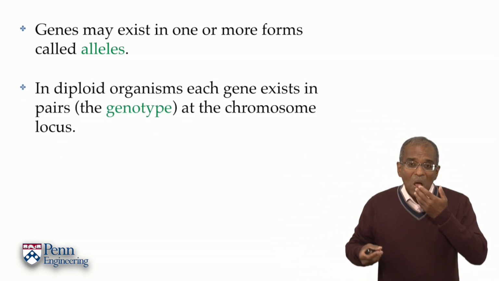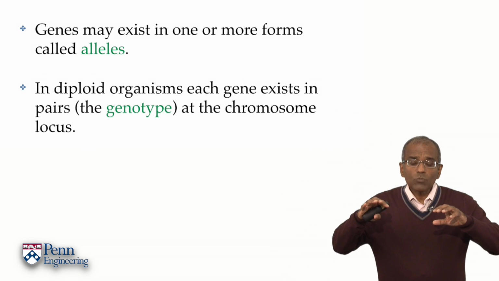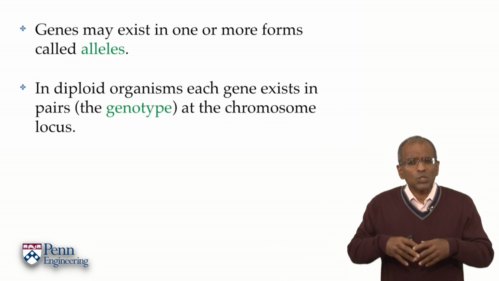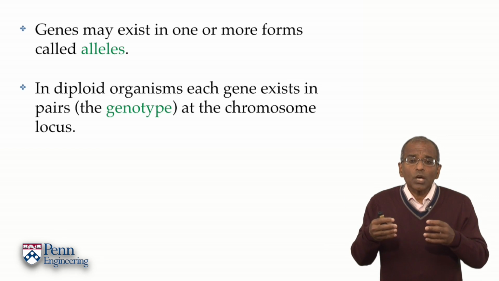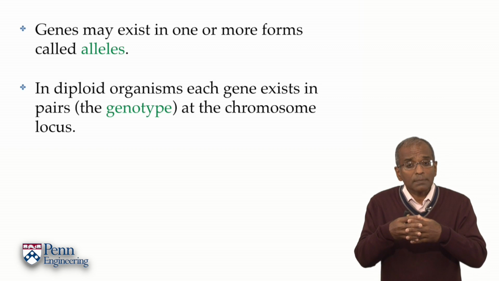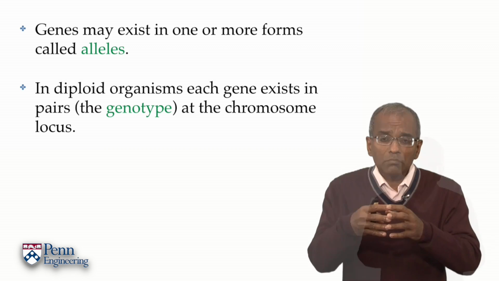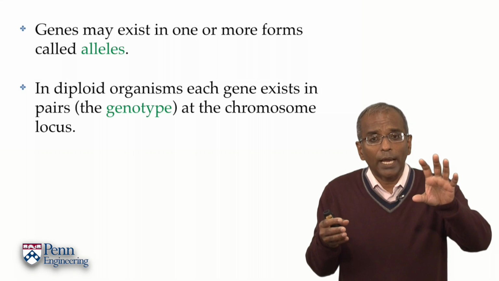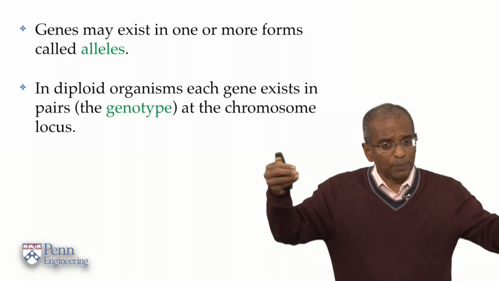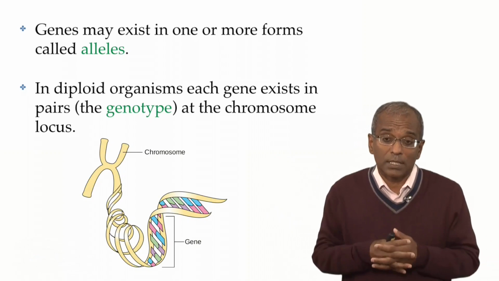Now, in diploid organisms, this is what most higher life forms are, including us, genes always exist in pairs called genotypes. These genotypes exist at particular loci on a chromosome in the long string which makes up the genome which describes us.